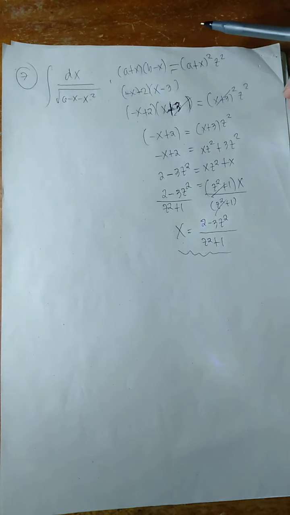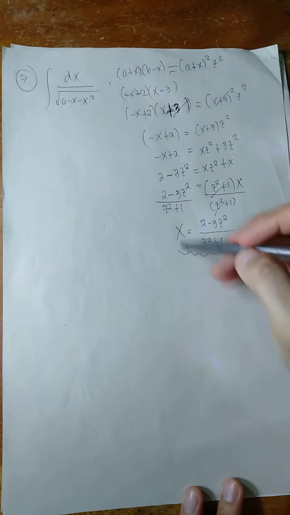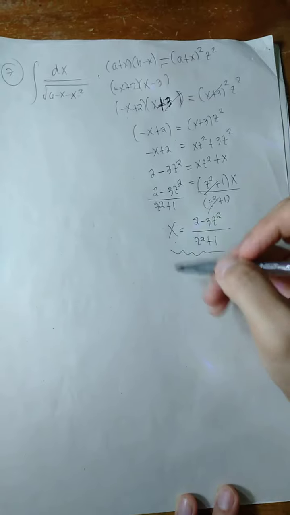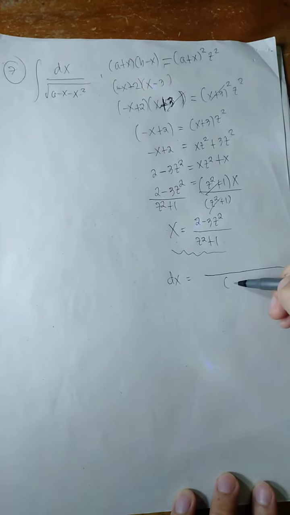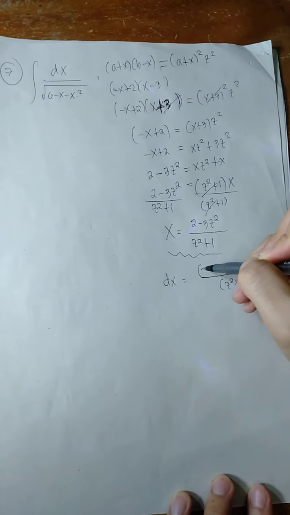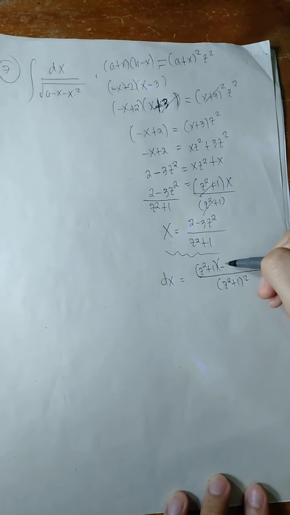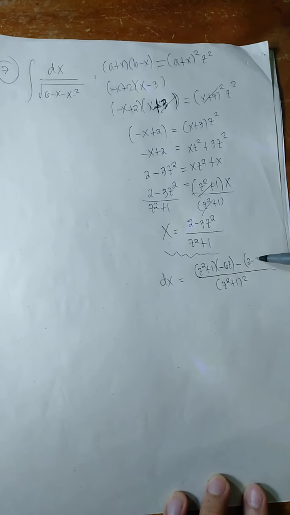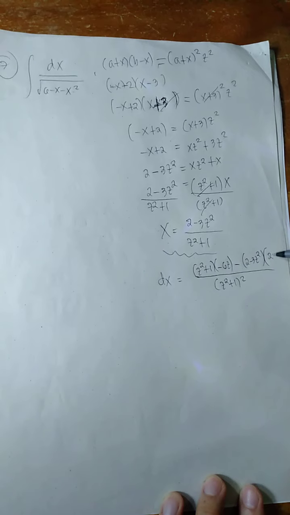So, ang problem pala natin pa is dx. So, how do we find dx? So, ito, differentiate lang natin to. Okay? So, quotient rule ulit. So, differential of x dx. So, applying quotient, square nung denominator, z squared plus 1. Then, derivative of numerator, negative 6z minus numerator, 2 minus 3z squared, multiply derivative ng denominator, 2z.